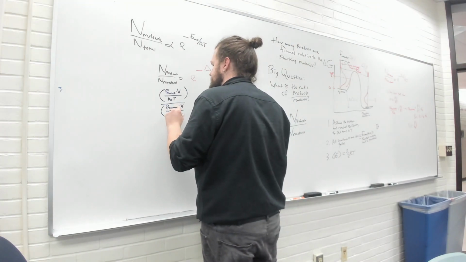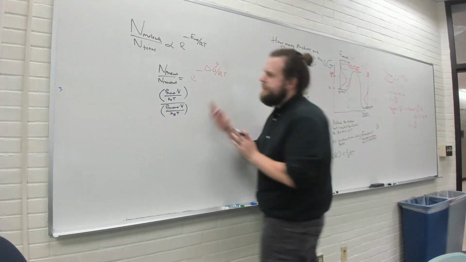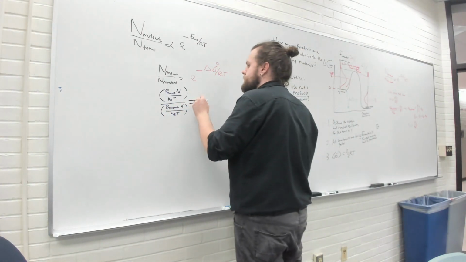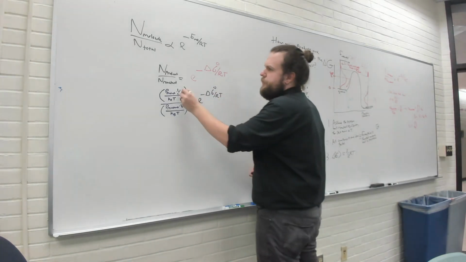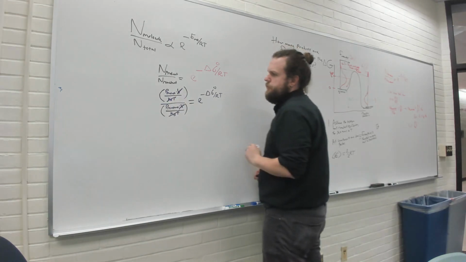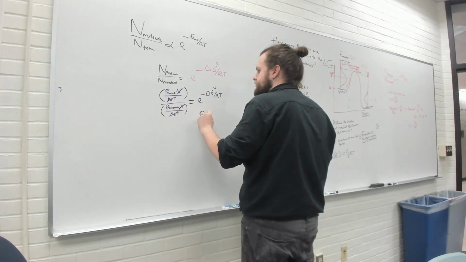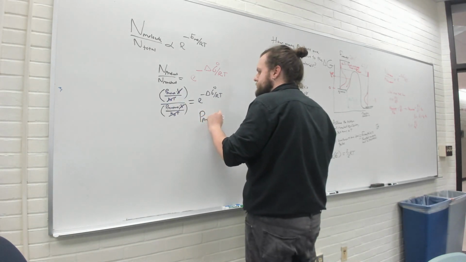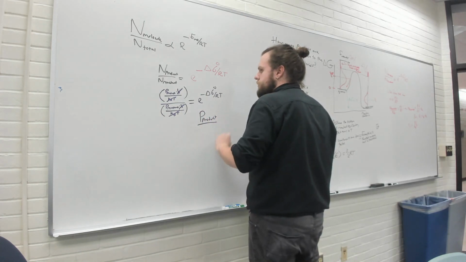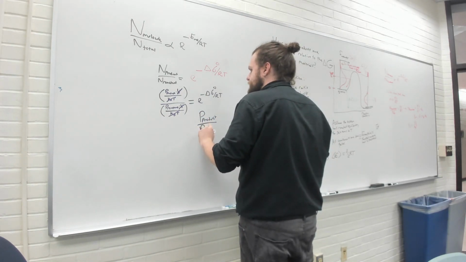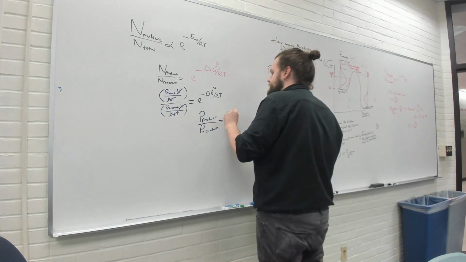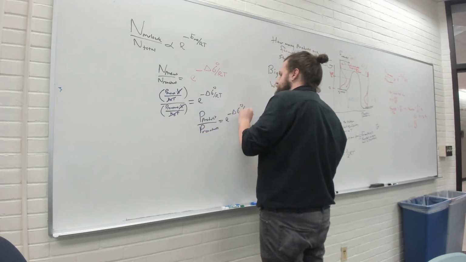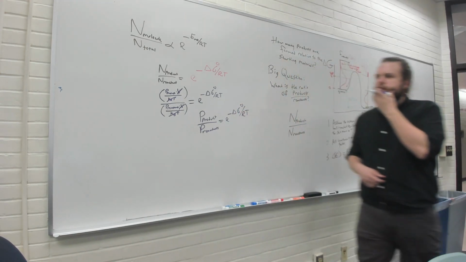Everything cancels out: the volumes cancel, the k_B T's cancel, and what you're left with is the partial pressure of the products divided by the pressure of the reactants, equal to e to the minus delta G over RT.